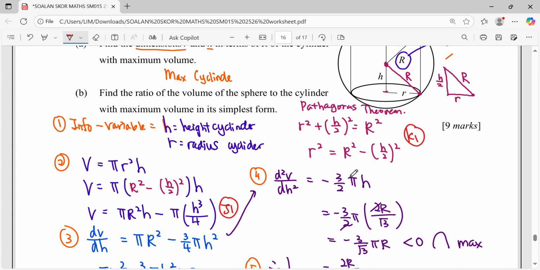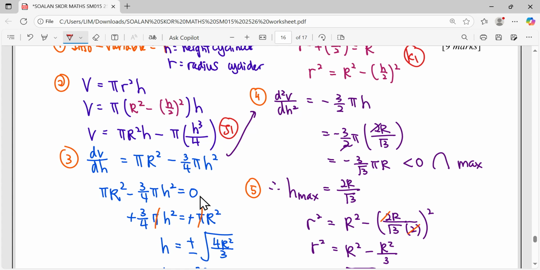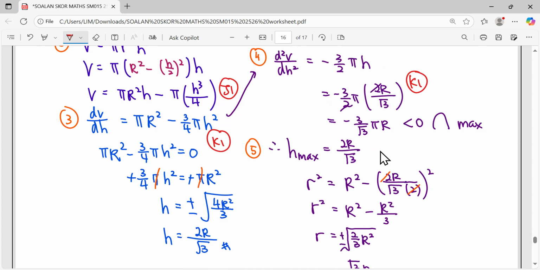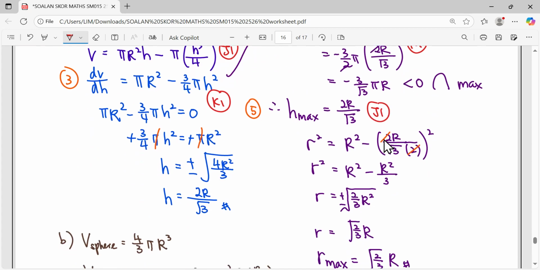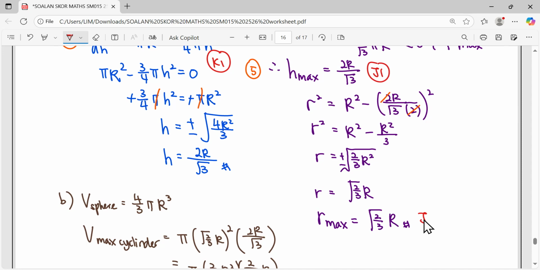In order to test for maximum, you need the concept that you differentiate and let it equal 0. Then you use the second derivative. So this is your second derivative test, to get the height and the radius.